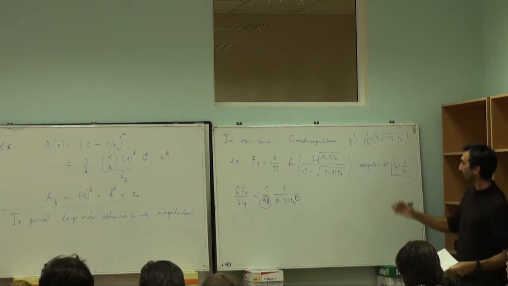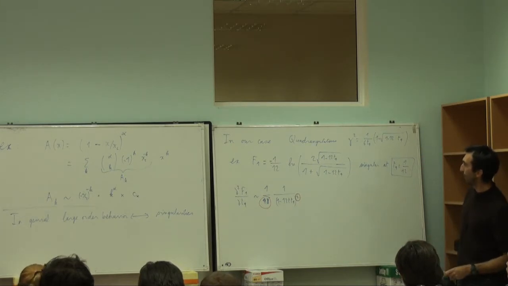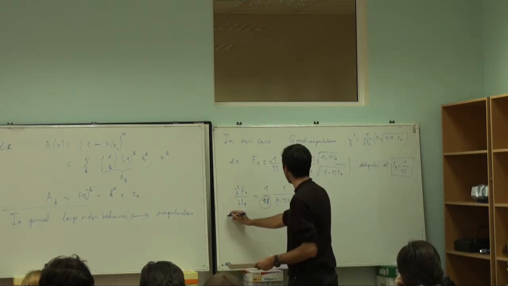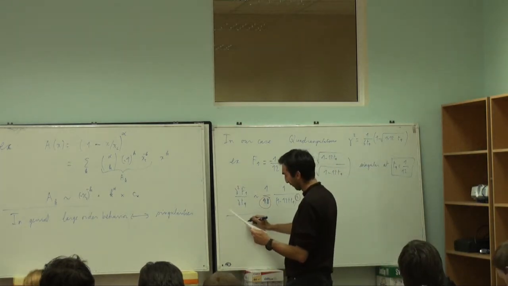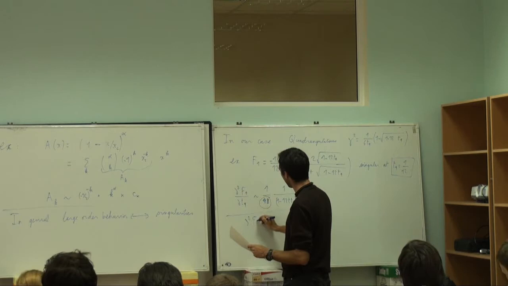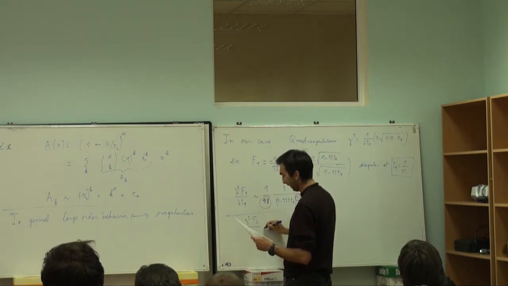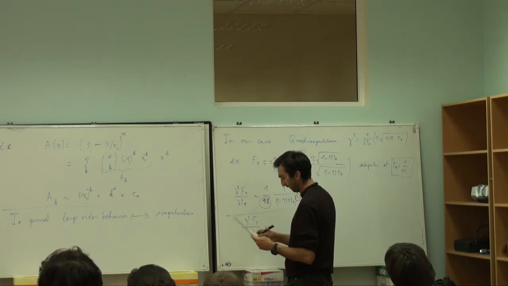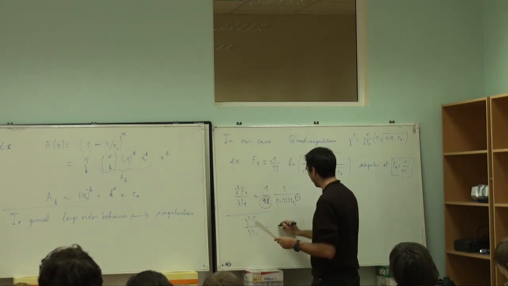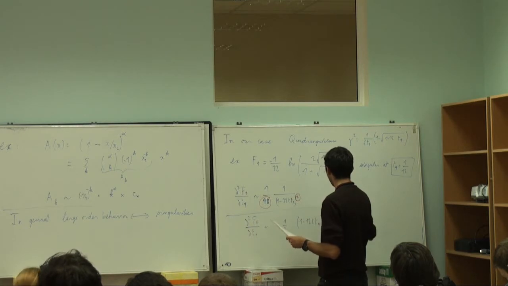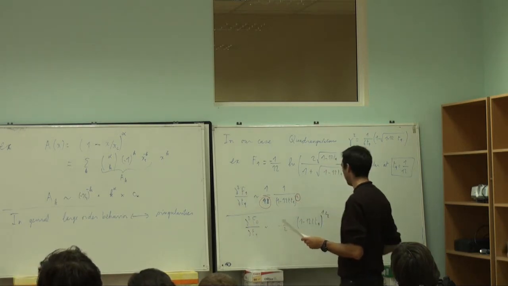You can play the same game with the others, if you compute the first few F_g's. So, for instance, the second derivative of F_0 over dt4 behaves like minus 1/2 of (1 minus 12 t t4) to the power 1/2.